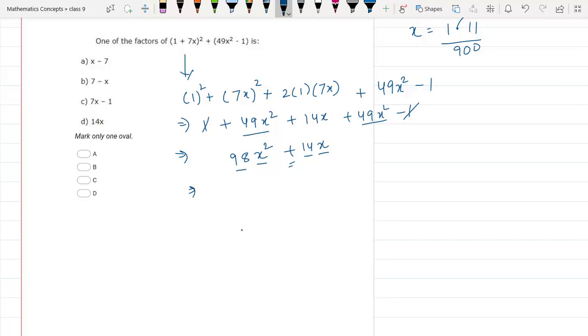So 14x is common, and inside we will get, let's check, 14 7s are 98 plus 1. Oh sorry, it is 7x only. So this is the factor form. So the first factor is 14x, the second factor is 7x plus 1. In our options, we are getting 14x, absolutely correct, because 7x plus 1 is not there, it is minus 1. So the correct option is D.